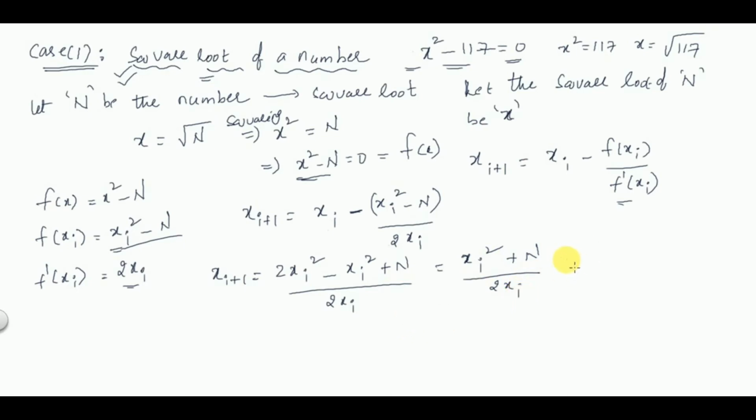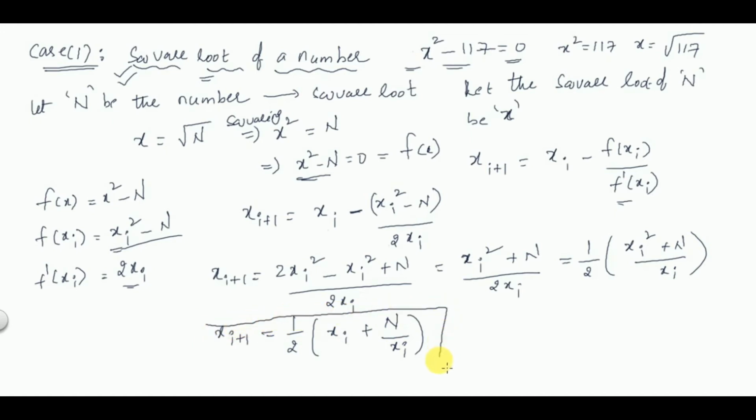I am taking the 2 outside, so 1 by 2. Now this becomes xi square plus n by xi. So the final equation is xi plus 1 is equal to 1 by 2 into xi plus n by xi. This is the simple equation.